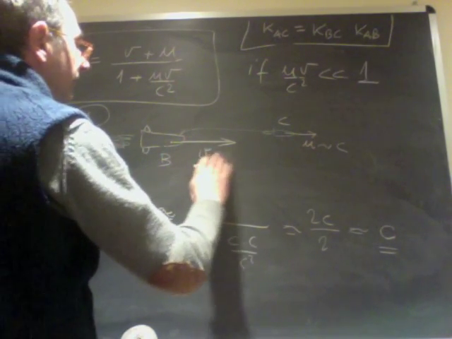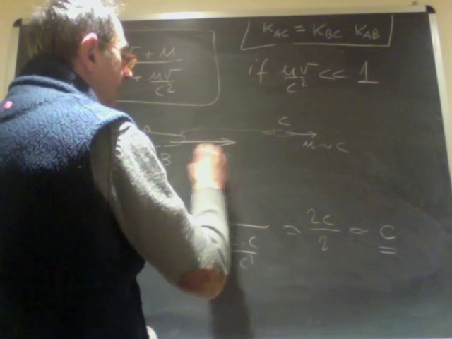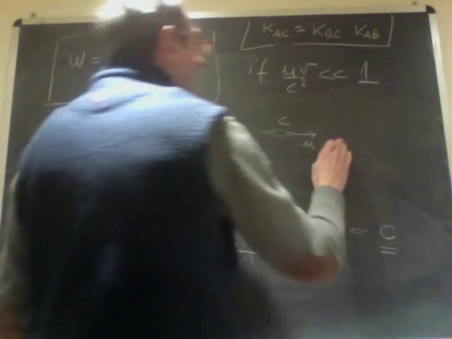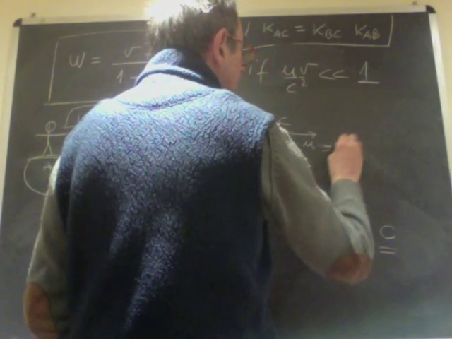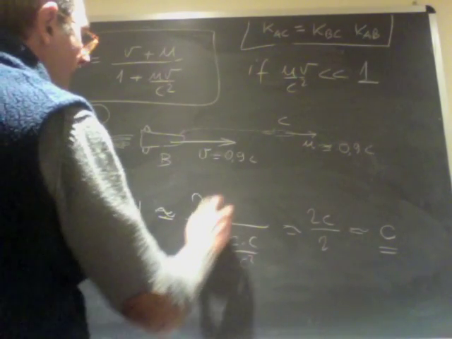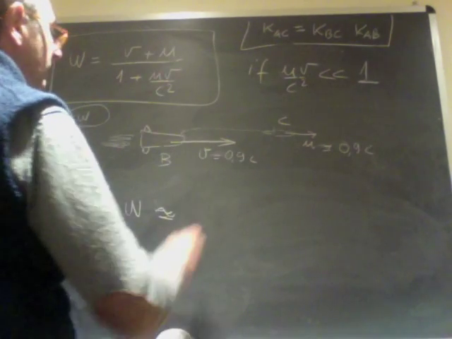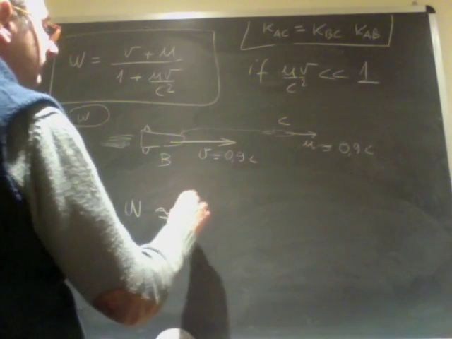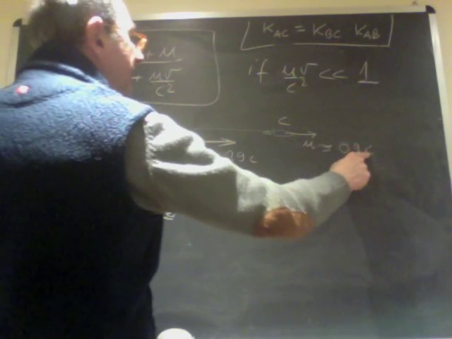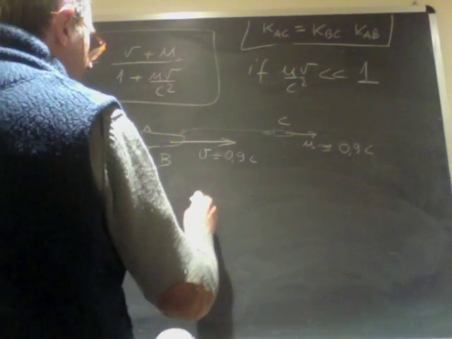If we want to do things rigorously, we should say that, for instance, this is 90% of the speed of light, and this is again 90% of the speed of light. When we apply the formula using these values, you get that W will be not 1.8 times c, as in the classical formula.